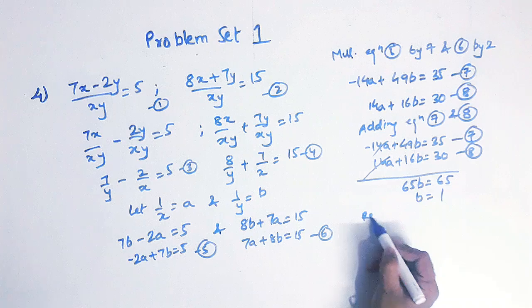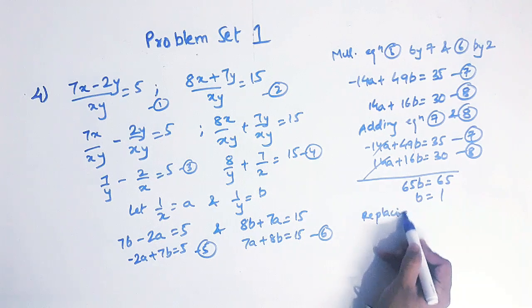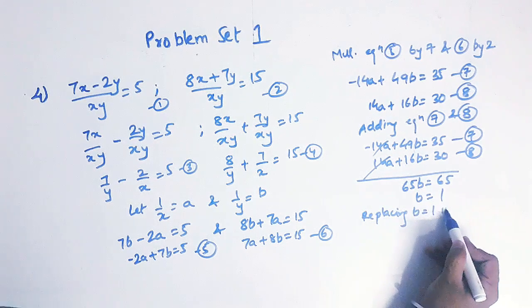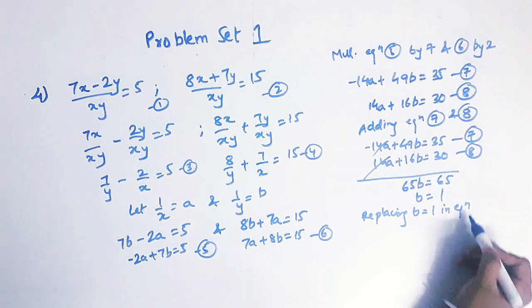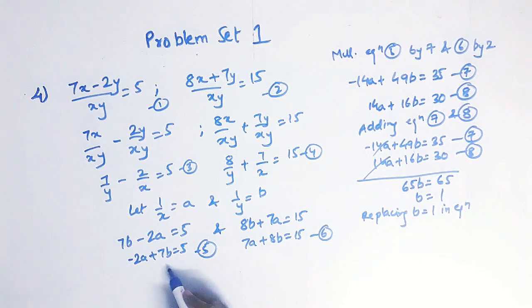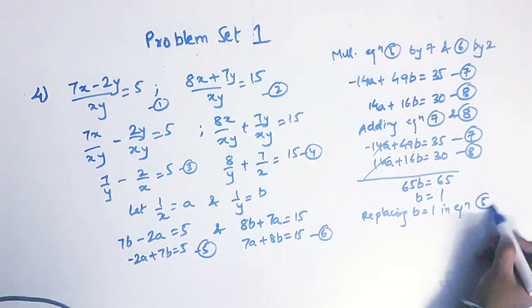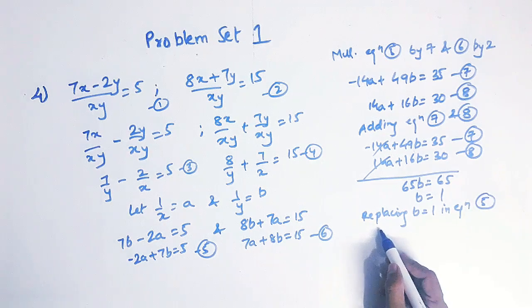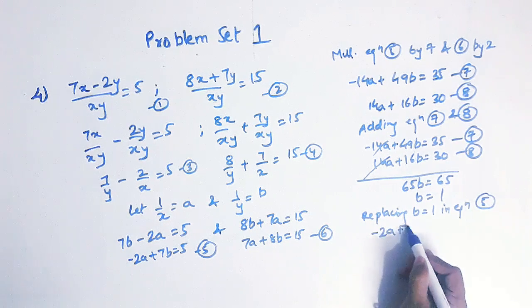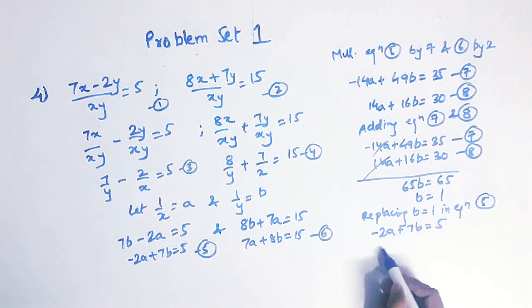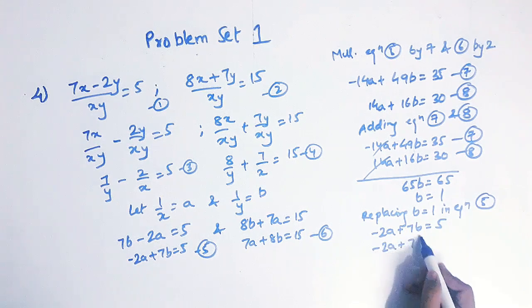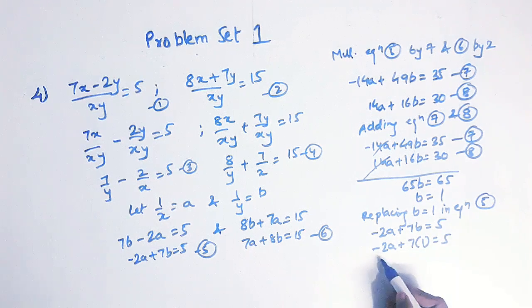Now replacing b equals to 1, in which equation you will take? Easier equation I will take, say 5th one. So minus 2a plus 7b equals to 5. Minus 2a plus 7 times 1 equals to 5.